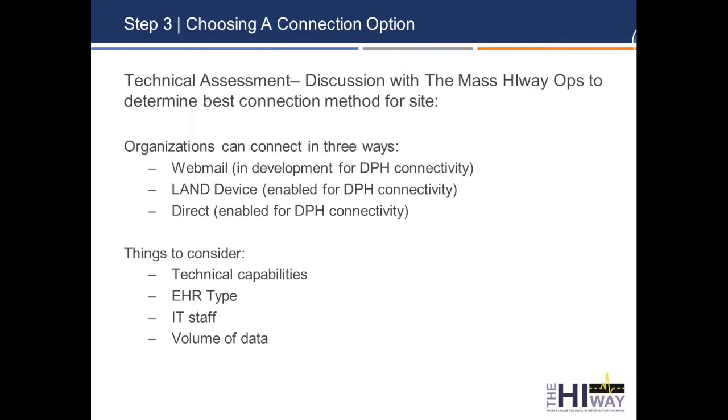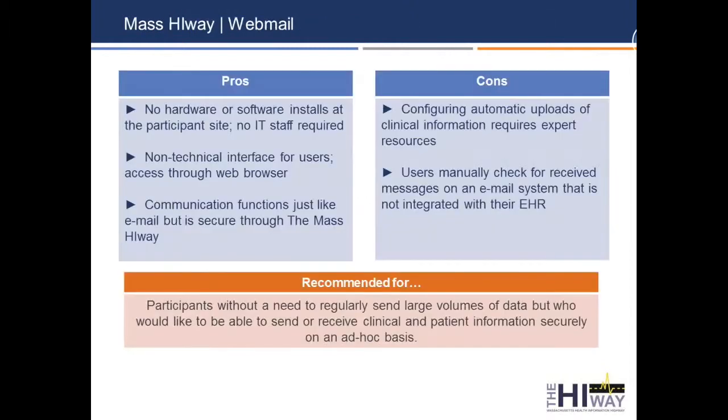We have identified the increasing demand for webmail clients to be able to submit to the Mass registries, and we have begun development and are in the testing phase for webmail submission to the Department of Public Health. Once you've chosen a connection option, we're going to talk a little bit about each of these connection options.